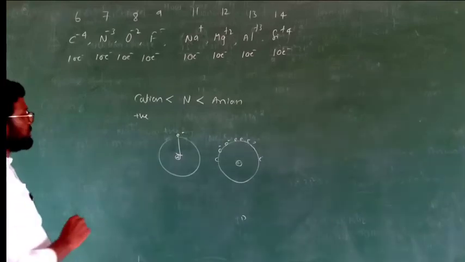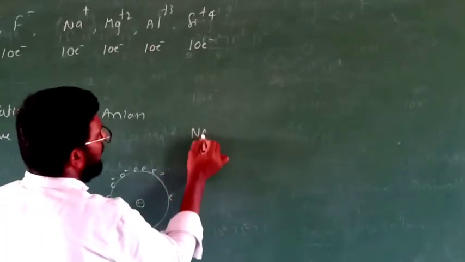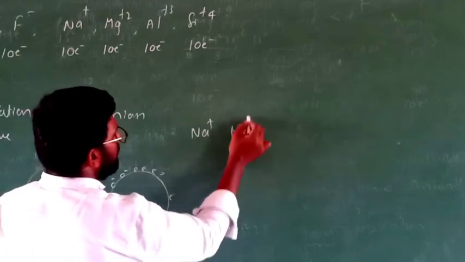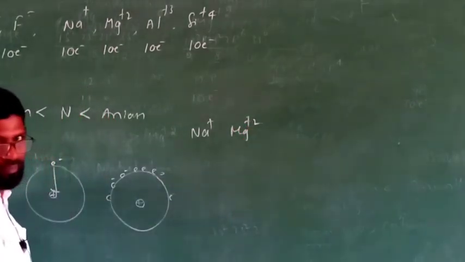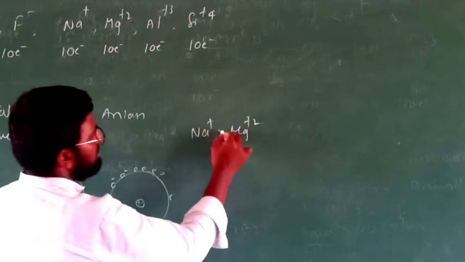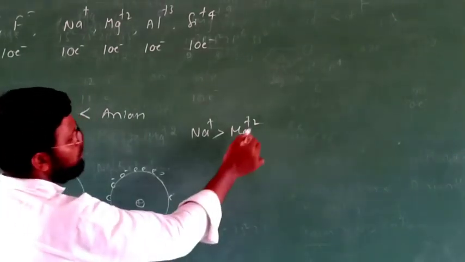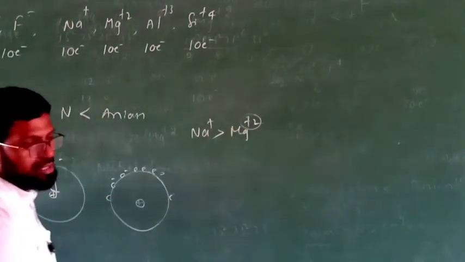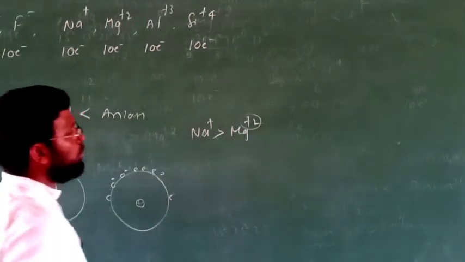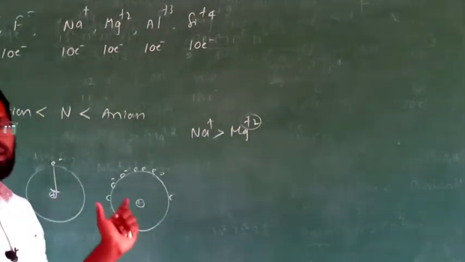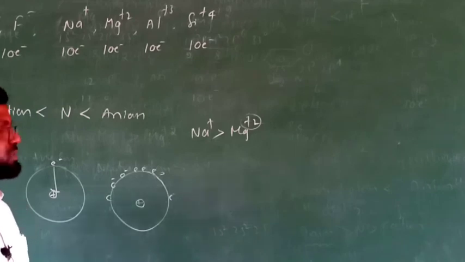Shall I ask one more question? Among Na plus and Mg plus 2, which is larger? Na plus is larger because Mg plus 2 has 2 units of positive charge. As the magnitude of positive charge increases, the size of the cation decreases.